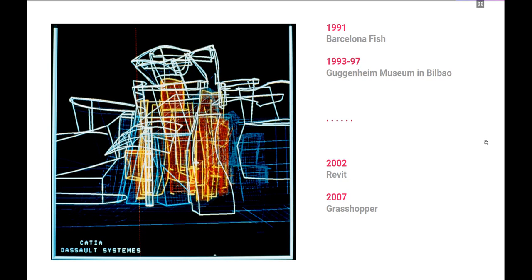Frank Gehry's practice was one that could afford to hire such an expert. And of course, the rest is history: the Barcelona Fish was constructed, the Guggenheim Museum was constructed, and he went on to achieve immortal fame, so to speak. But the caveat is that while this happened in the early 1990s, it took us almost 15 years to have the first installment of Revit, and almost 2 decades for Grasshopper to be released.